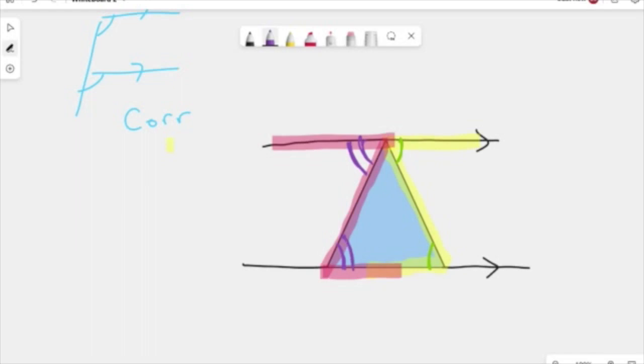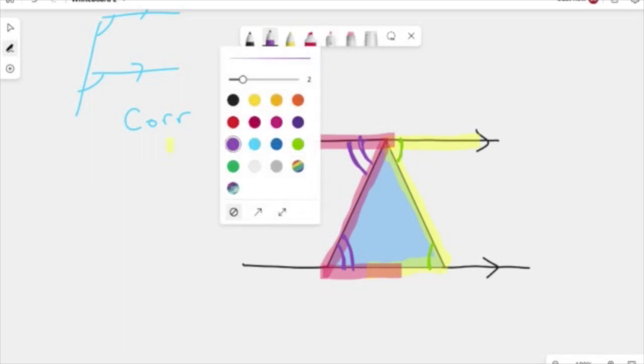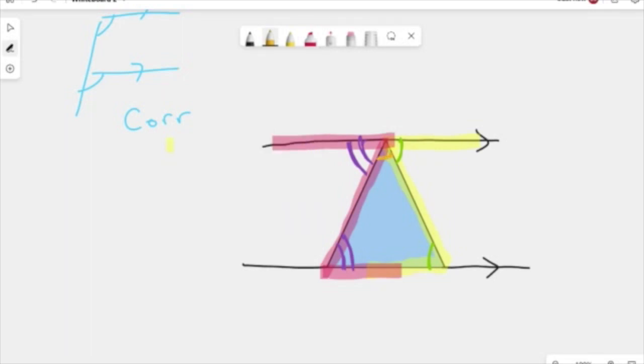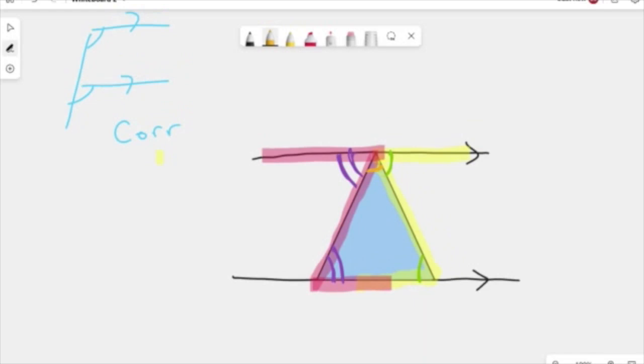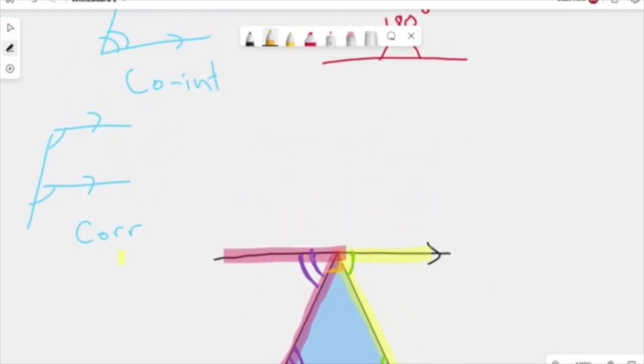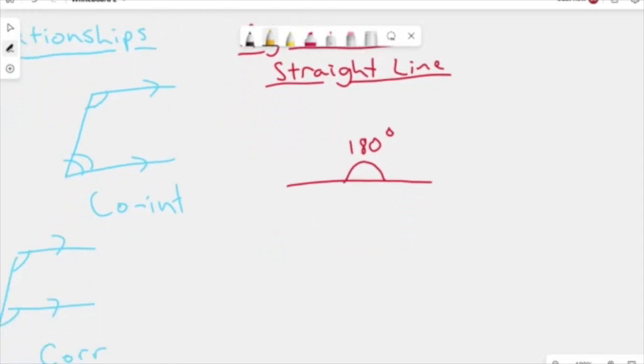Because look what we have up here. We have the angle at the top, so this one here, which I'm going to mark in a different color. Let's make that orange. This angle here, as well as my green and purple angles that I've drawn out, do we notice that because I've drawn a parallel straight line, these make up the angles on a straight line?